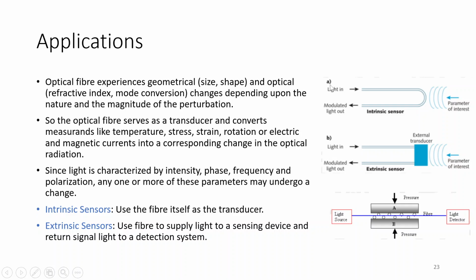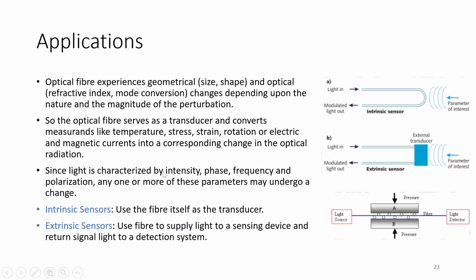Here you can see light in, and if the parameter of interest changes, the fiber can sense that, and the modulated light out is detected. This is for the intrinsic sensor. The optical fiber serves as the transducer and converts measurements like temperature, stress, strain, rotation, and electric and magnetic currents into a corresponding change in the optical radiation.